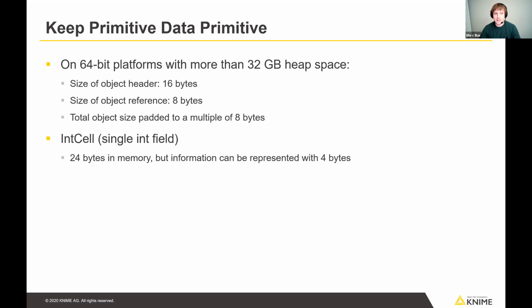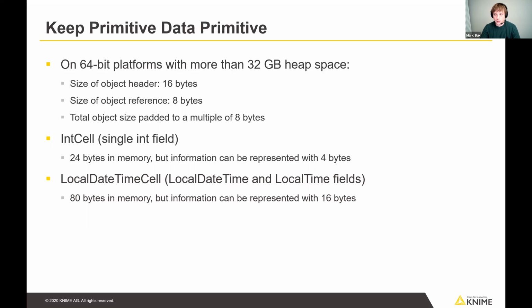But the actual information that this int cell holds can be represented with 4 bytes because it's just a single int value. So by having this boxed into its own object, our memory footprint increases by a factor of 6.